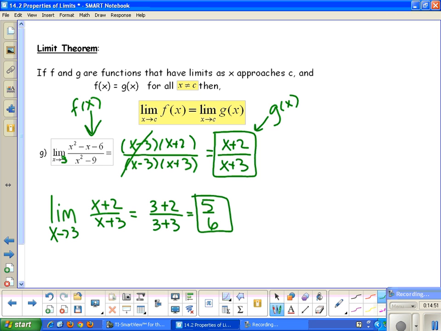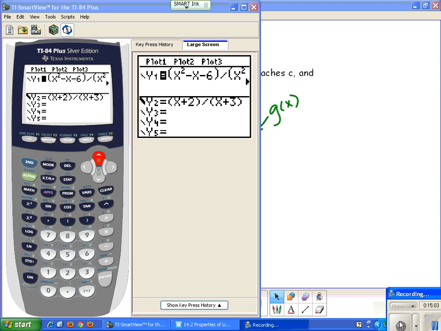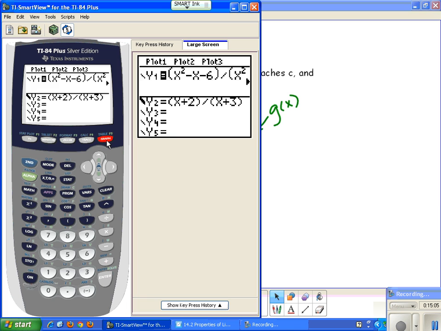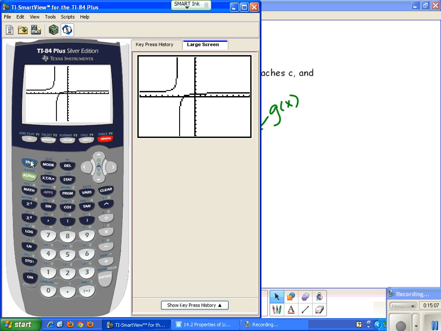And another thing that I can do is always double check using my graphing calculator. Remember, we showed that you could plug this into your graphing calculator and then look at values as you come very close to 3 from the left and from the right. So I plug this into my y-equals just to show you. Here's what the graph looks like.